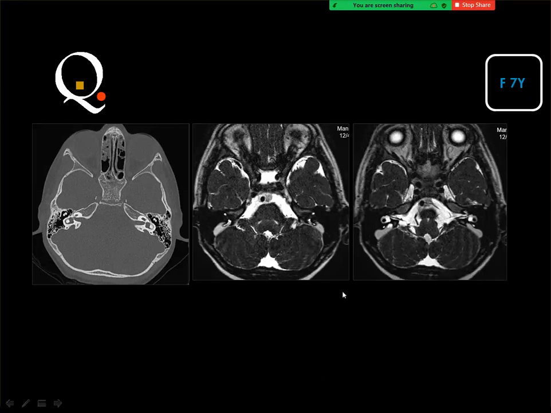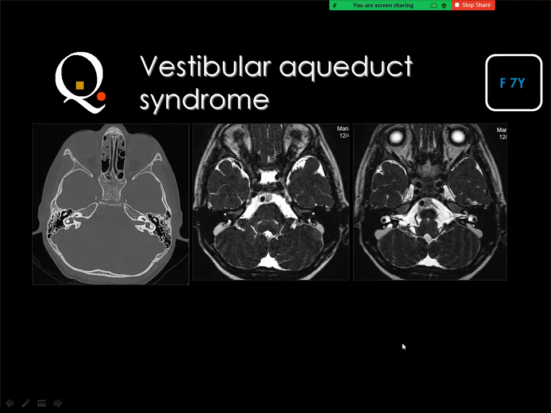No, this is not Mondini, but it is in the endolymphatic duct and the sac, or what is known as vestibular aqueduct syndrome. You see, the vestibular aqueduct on the left and on the right side are much more dilated, and in the T2 you can see the distended endolymphatic sac bilaterally, and this is one of the known causes of sensory neural hearing loss, which is the vestibular aqueduct syndrome.